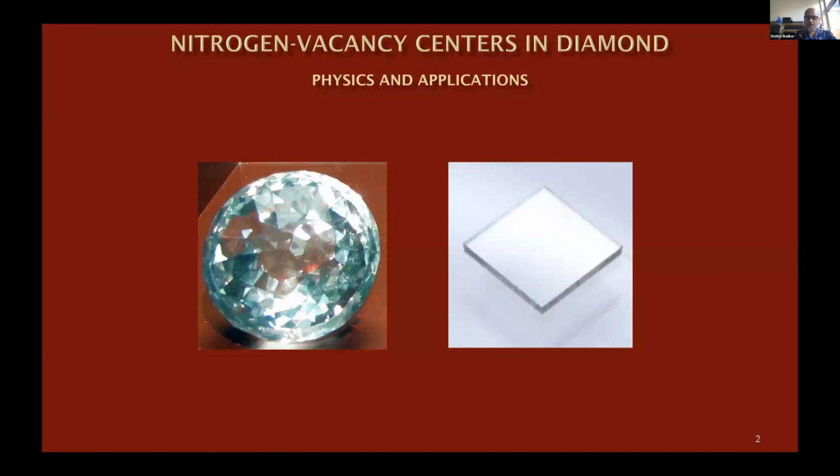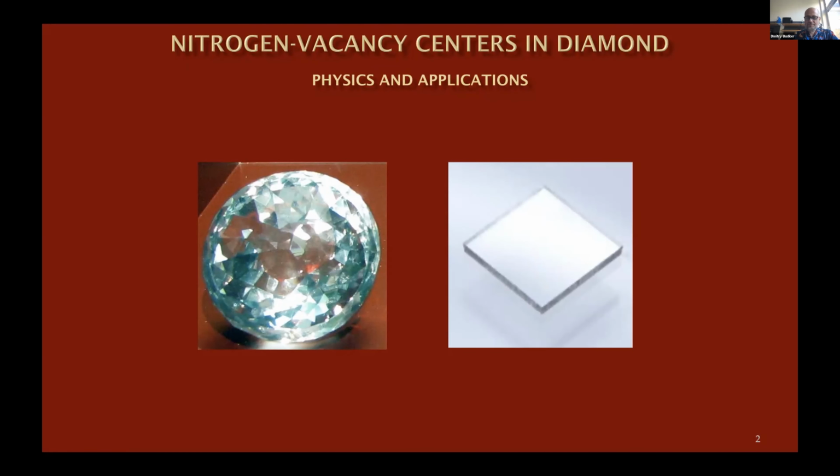And on the right, you see a similar size artificial single crystal and very pure diamond that is basically almost free from any kind of defects. What you immediately notice is that this is beautiful and this is very boring. It just looks like a transparent piece of glass, only with high refractive index.